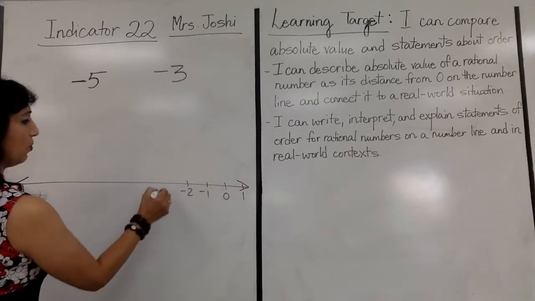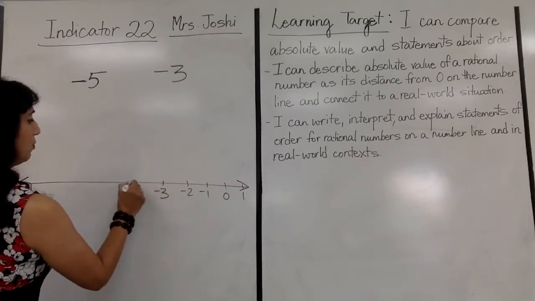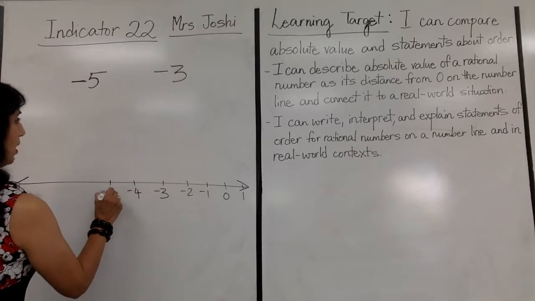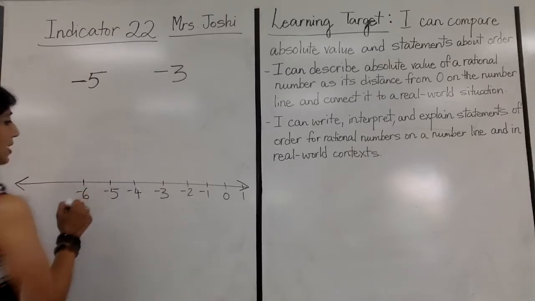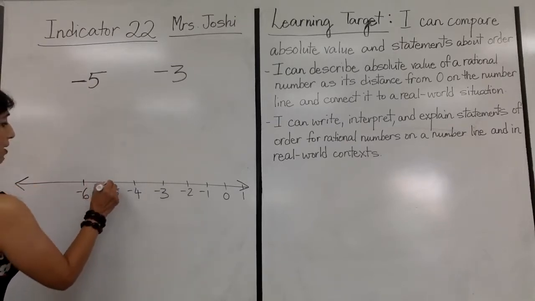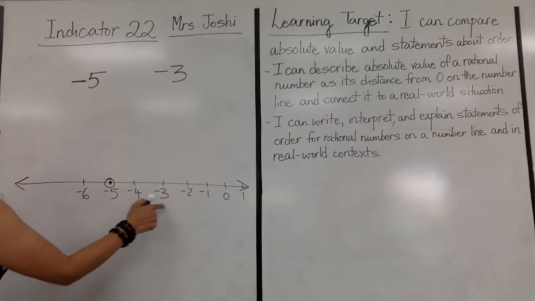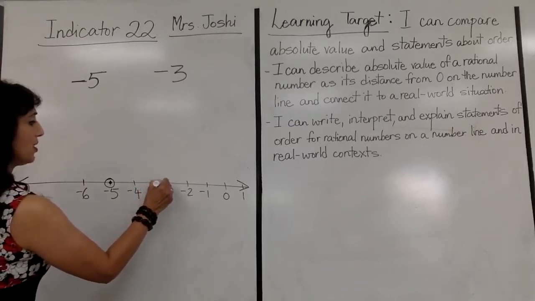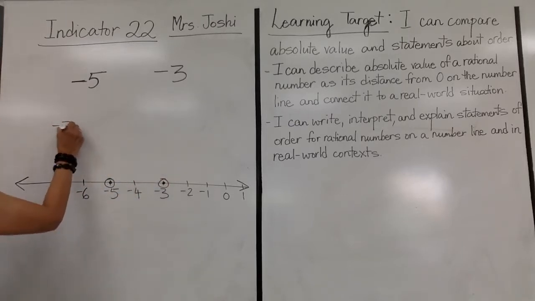So this side would be -1, -2, -3, -4, -5, -6, and you can stop there. And let's say I am graphing, I have -5, which is here, -3, which is here.